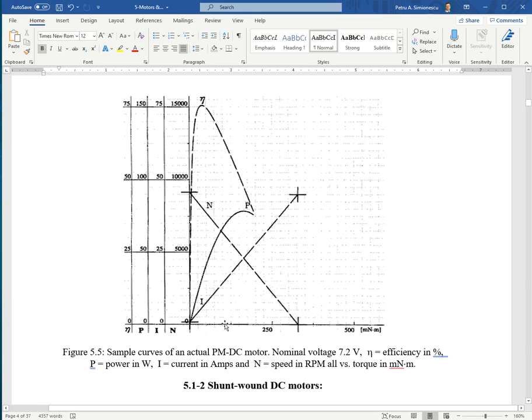Here are the sample curves of an actual permanent DC motor. If working on a project, and if the supplier is a reputed one, you should be able to get from them these types of curves. So what we have, the horizontal axis is a torque axis, and then we have multiple y-axes.